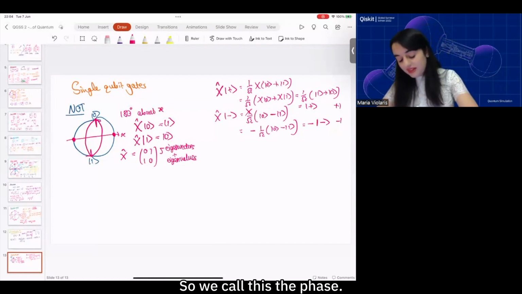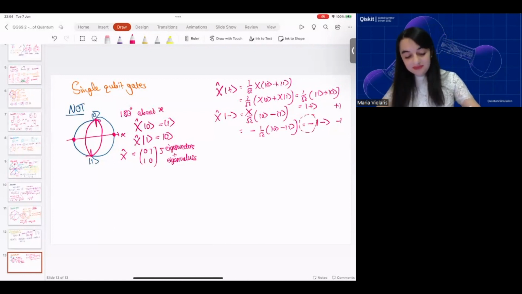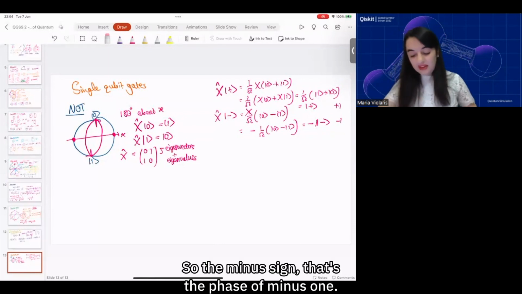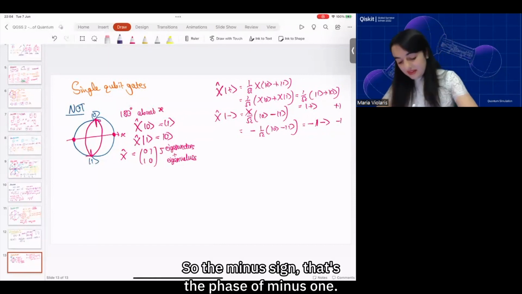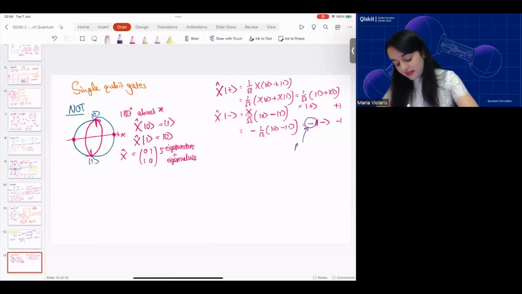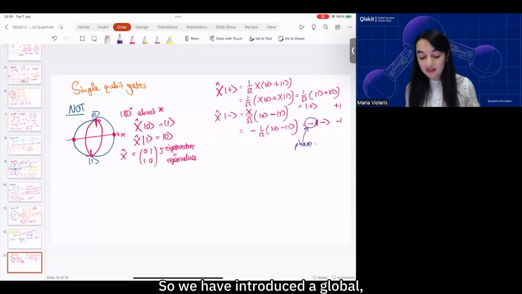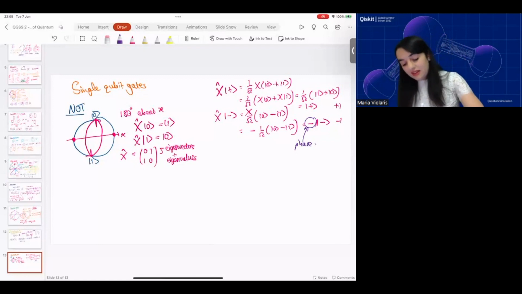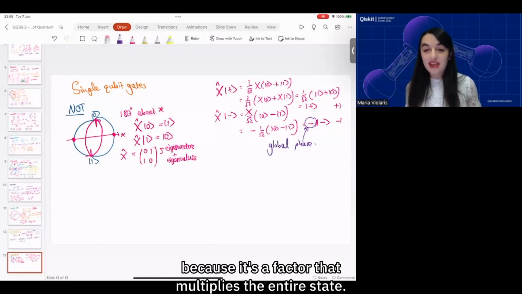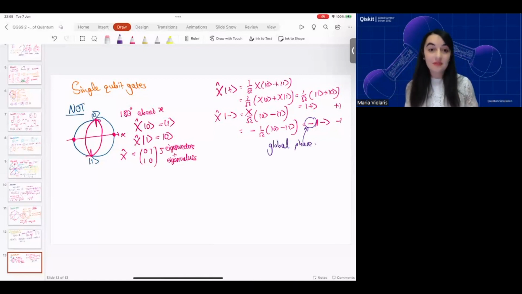So we call this the phase. The minus sign, that's the phase of -1. So we have introduced a global phase, we call it a global phase because it's a factor that multiplies the entire state.